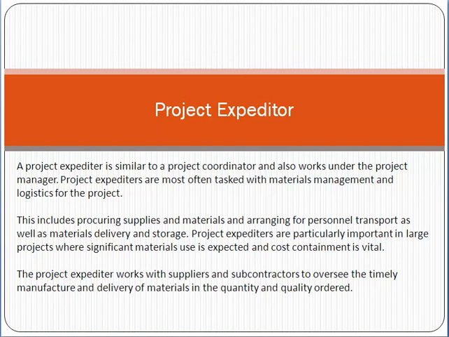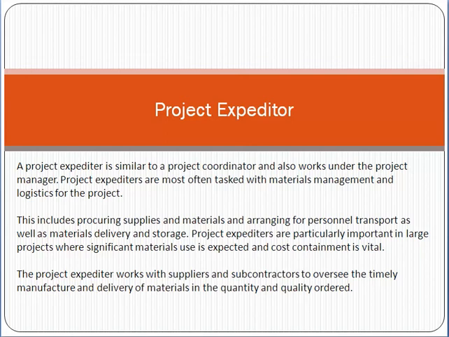There is one difference, friend, here. A project expediter is a person who normally deals with material management and logistics. For example, you are working on a large project and the movement of resources is high, like 5 to 10 resources have to move.